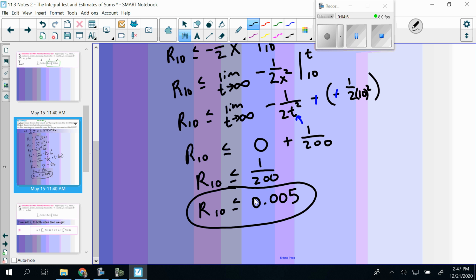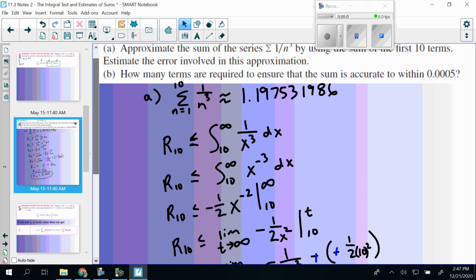That's our error. So it's at most off by that much. So we know the first two decimals of the infinite sum should be within that. The rest of our decimals, we don't know how accurate those are.